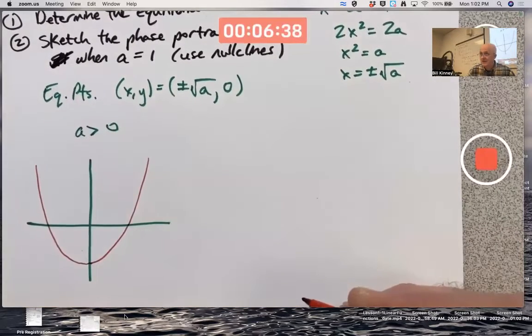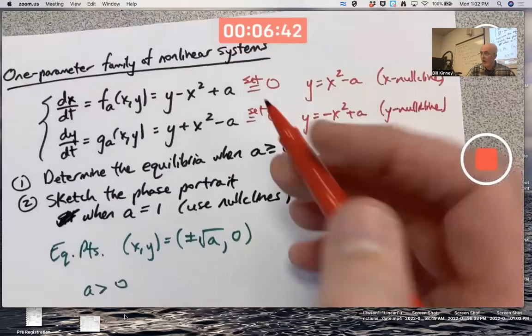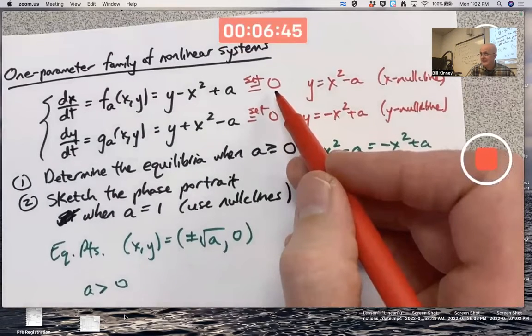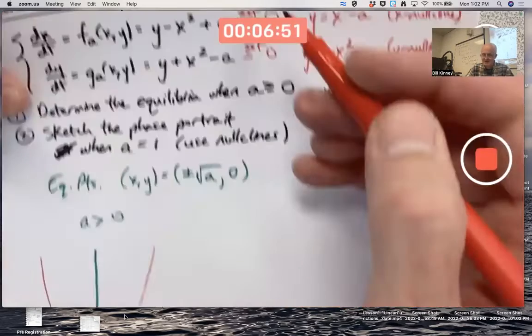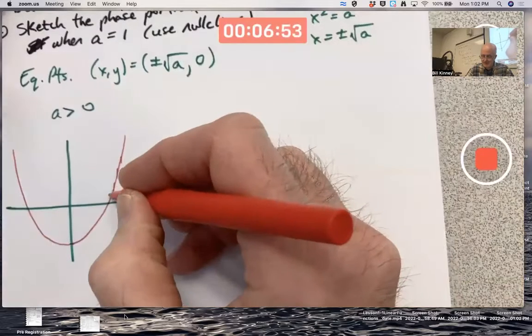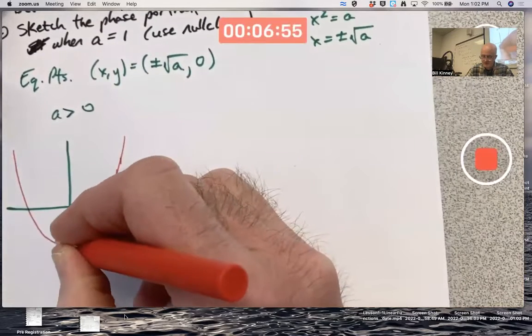It's an x null-line, so you got to cross that with 0 dx dt, 0 first component of velocity vectors in the vector field. You got to cross it vertically. Make a bunch of little vertical lines.